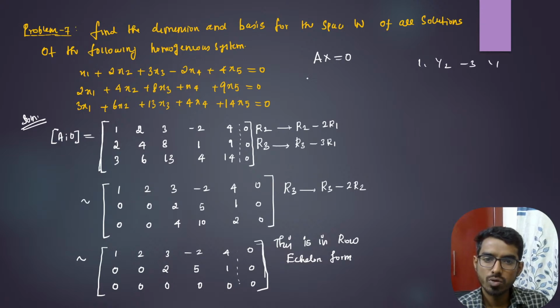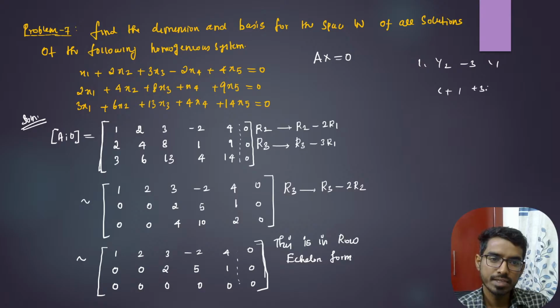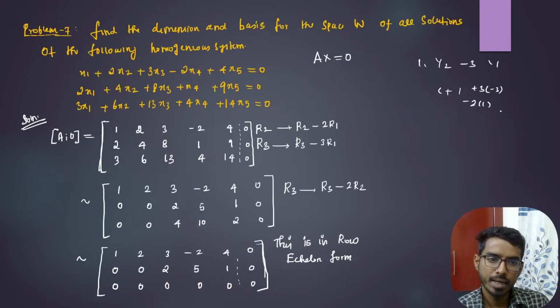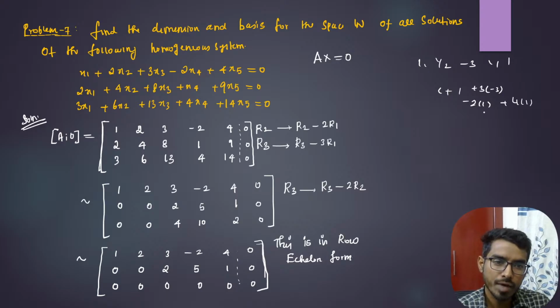So x1, so 1 plus 2 times x2, so 2 times 1 by 2 is 1 again, plus 3 times x3, minus 2 times x4, plus 5 times x5. So let us try to find this value. 1 plus 1 is 2, 2 minus 9, I think we are not getting the answer. I think we have made a mistake.